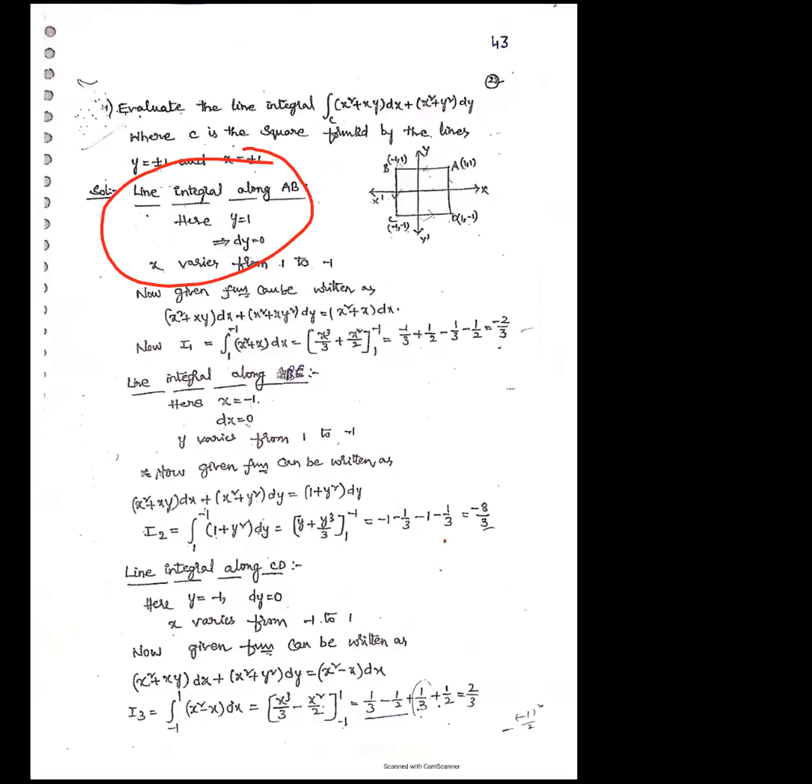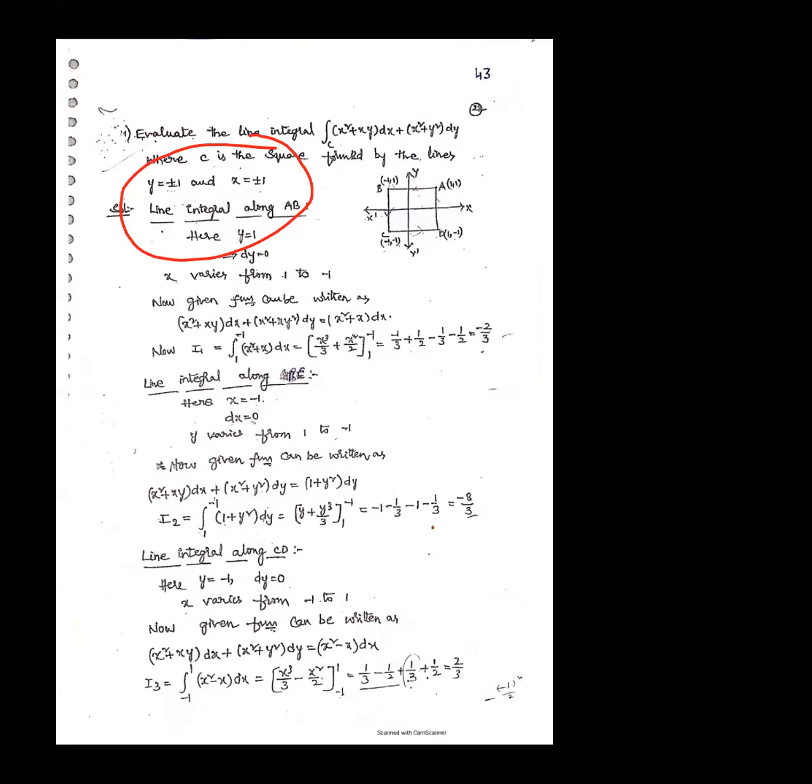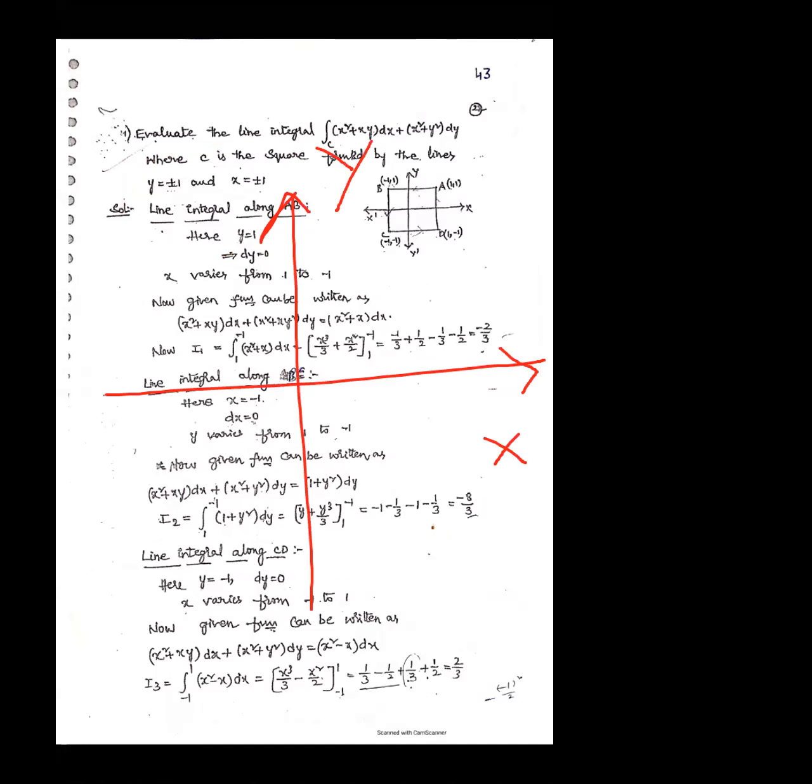Okay. Every diagram we draw in two dimensions. So this is the x coordinate, this is the y coordinate. The given values are y equal to plus or minus 1, that means y equal to plus 1 and y equal to minus 1, and also x equal to 1 and x equal to minus 1.